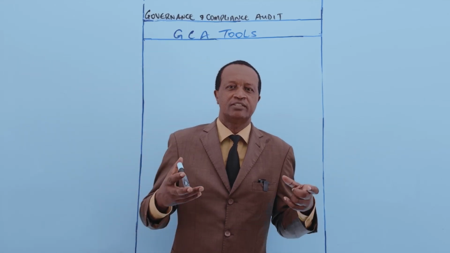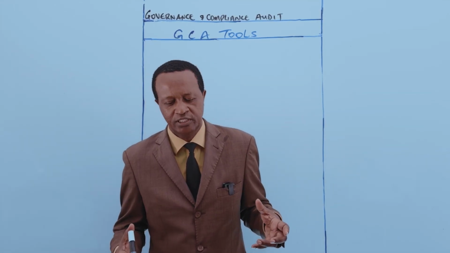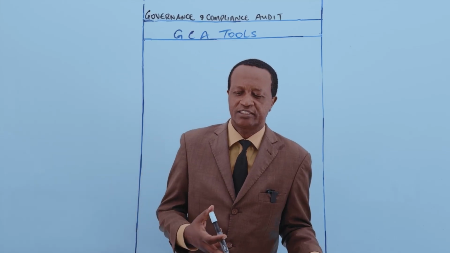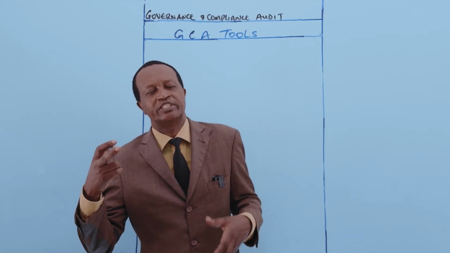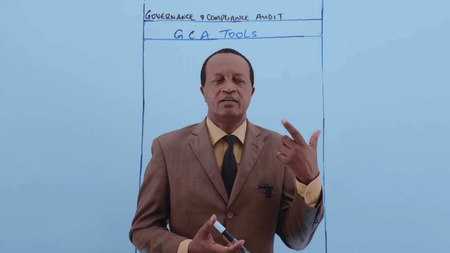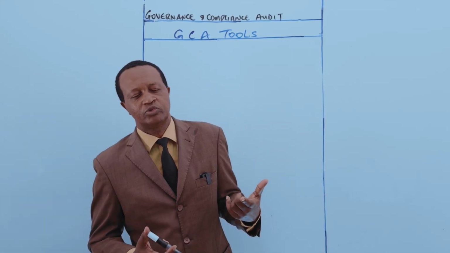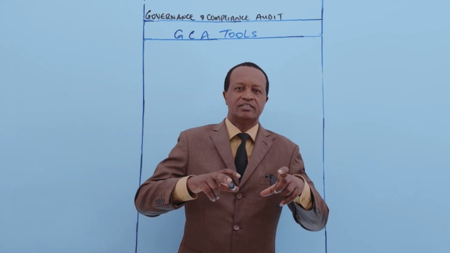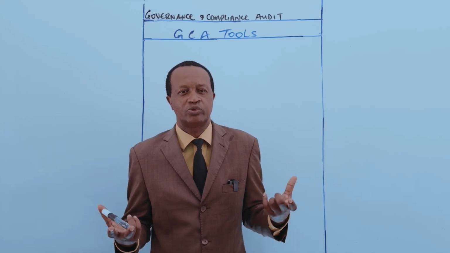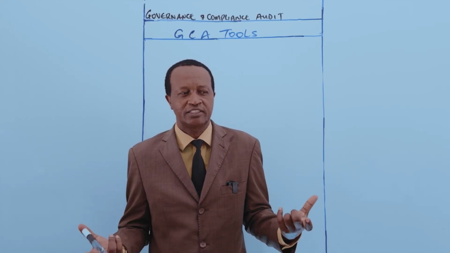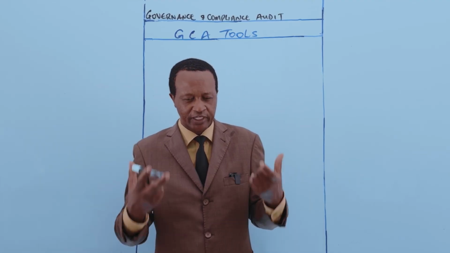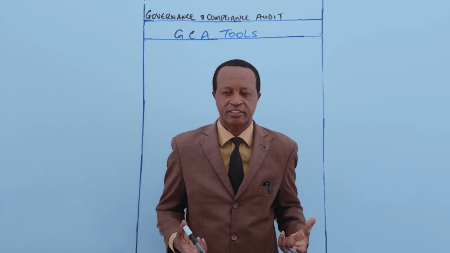And in the modern audit environment, tools are no longer just calculators or checklists and such outdated things. Today, tools are integrated systems that allow auditors to gather evidence, to analyze risk, and also report findings with a high degree of accuracy and speed.